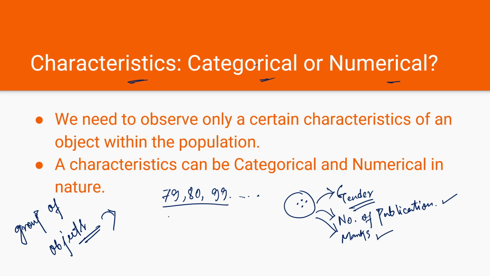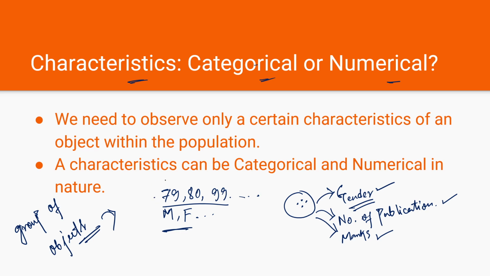And if we are interested in the categorical nature of a characteristic, let's say in case of gender, they should be either male or female. So this is not a numerical value, this is a categorical value, and these others are numerical in nature.